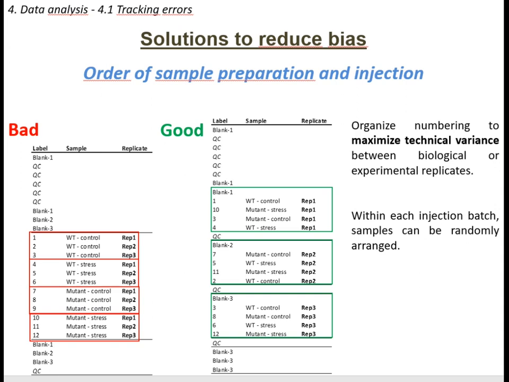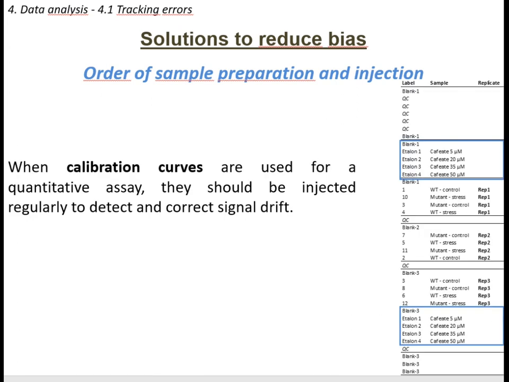It's much better if you maximize the variance between replicates, because then it won't impact the variance that is due to your control variables.